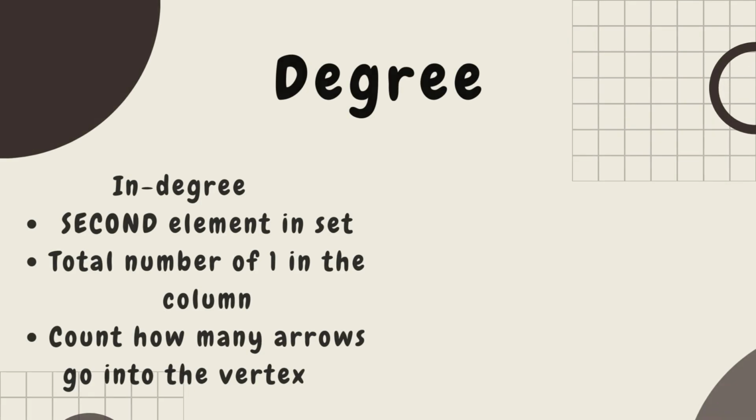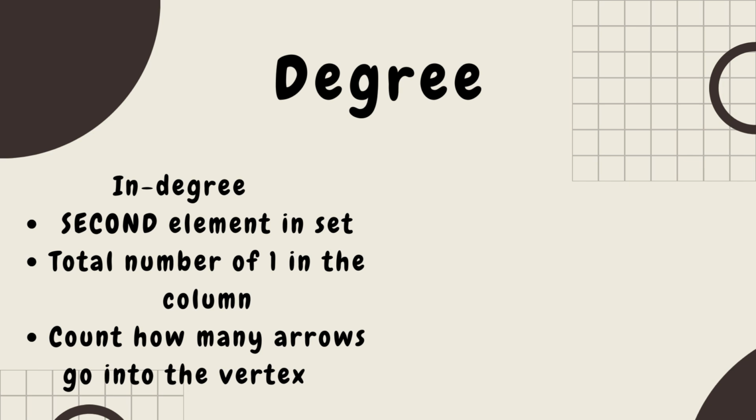So for the next slide, the title is the degree of a vertex. The degree of a vertex can be classified into two types. Firstly, in degree refers to the number of arrows pointing into a vertex. It is represented by the second element in a pair.